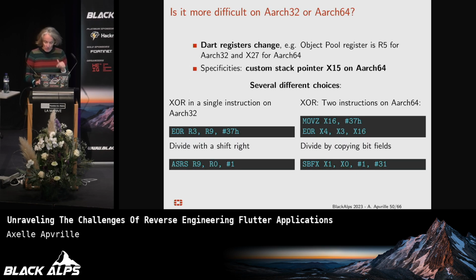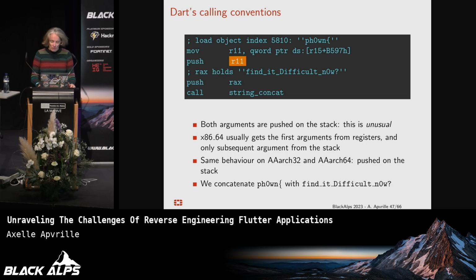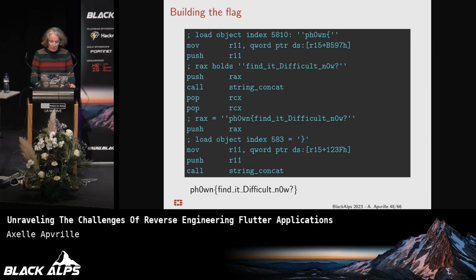And finally, I had forgotten to make you notice this. I don't know if you noticed that. Here, this is the function which is concatenating the string. You notice we are actually pushing all the arguments on the stack, and this is really unusual.